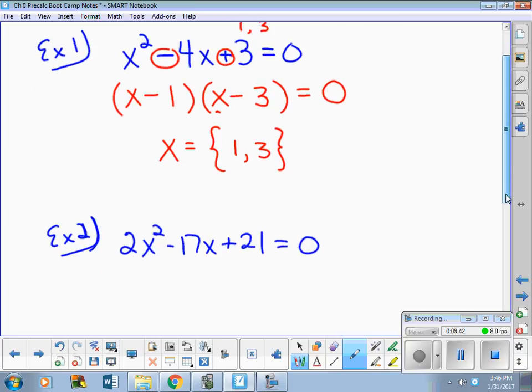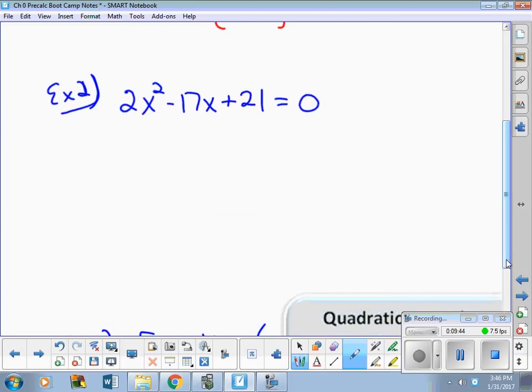Going to a harder example, number 2. We're going to factor this one also. Similar way. It is equal to 0. We need that. And now we're thinking about two numbers that multiply to 21. 1 and 21. And 3 and 7 are the factors. And they're both negatives.